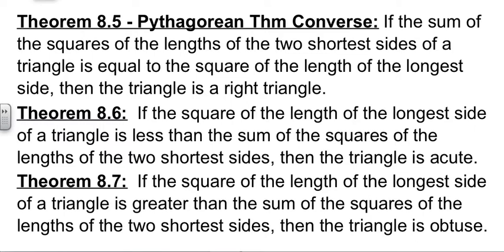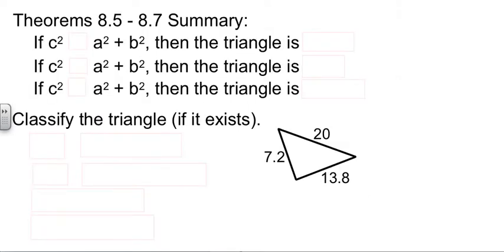And if you didn't catch which way I said it, that's okay, because here, as you can see on your note sheet, we have a summary of those three theorems. A lot of times mathematicians get paid by the word, so I've boiled them down for you and gotten the essence of what you're really interested in. If c squared is less than a squared plus b squared, you say it's an acute triangle.